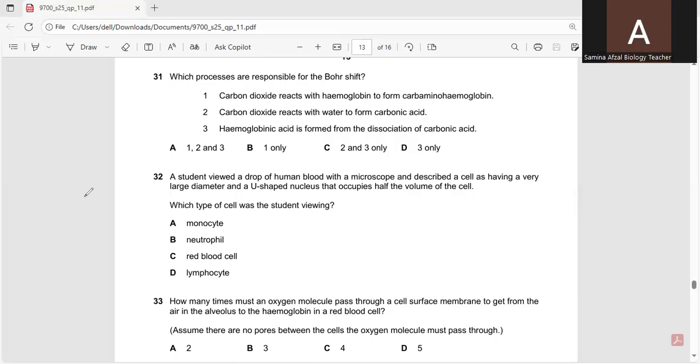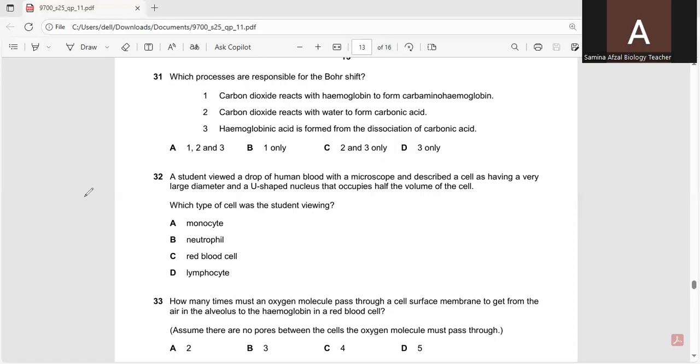So it will help in the unloading of oxygen from the hemoglobin, because where there is the highest concentration of carbon dioxide, there is the lowest oxygen. Carbon dioxide reacts with hemoglobin to form carbamino hemoglobin.